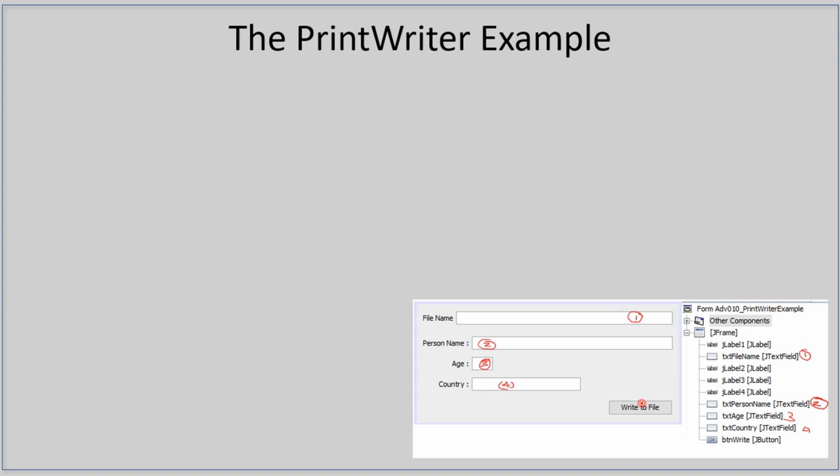Finally, we have a write file button, and that is named as btnWrite. So if you see, this is btnWrite, and here we are handling the button click event using our NetBeans IDE, which takes an action event.